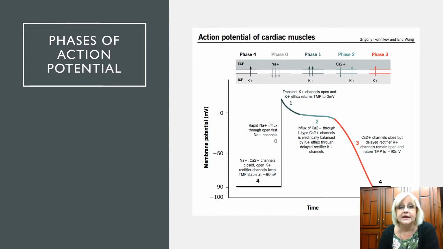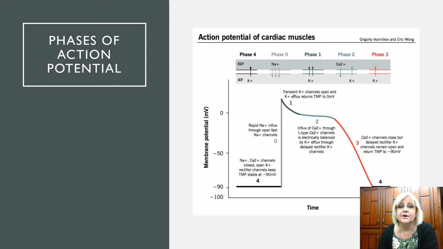Okay, now let's look at phase 3. It's the repolarization, and the calcium channels are gradually inactivated. The constant outflow of potassium now exceeds the calcium inflow, and this will bring the transmembrane potential back down to resting potential. The normal transmembrane ionic concentration gradients are restored when the sodium and the calcium ions are returned to the extracellular environment and potassium ions to the inside of the cell.